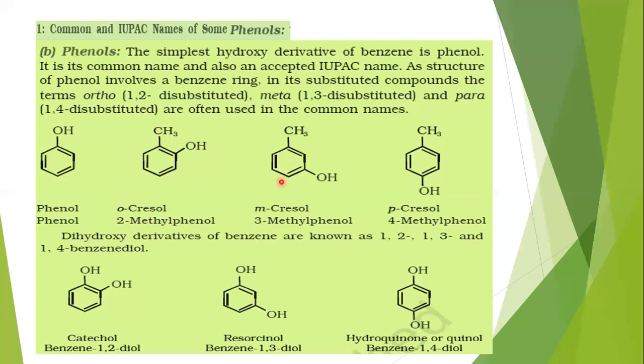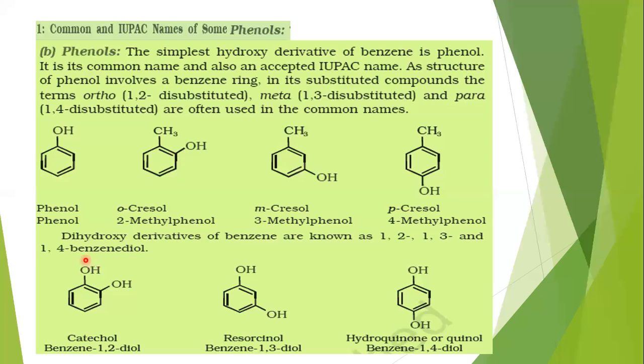Here, metacresol. This position is the meta position, the third position, or this is also a meta position. At the third position there is a methyl group, so 3-methyl phenol. This is 4-methyl phenol. The fourth position is the para position.